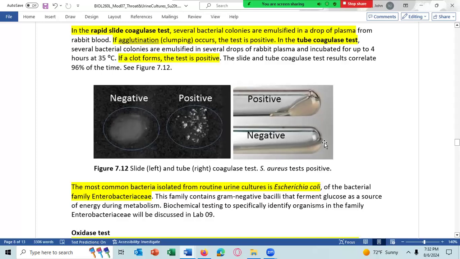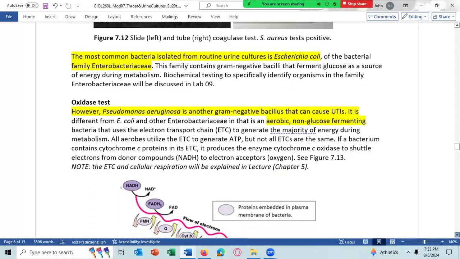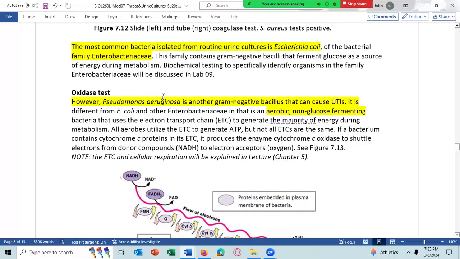The most common bacteria isolated from routine urine culture is E. coli, and these belong to the family Enterobacteriaceae. One test to use to separate the family Enterobacteriaceae from the Pseudomonaceae is the oxidase test. Pseudomonas aeruginosa, as well as other members of the Pseudomonas family, are gram-negative bacilli that may cause a UTI, as well as the family of Enterobacteriaceae can cause a UTI.